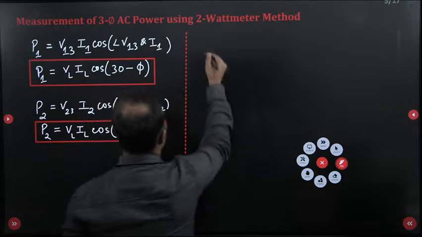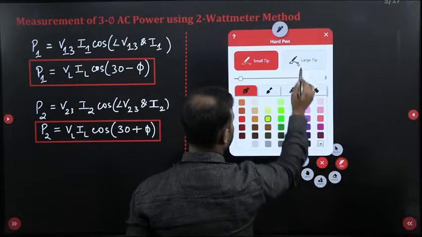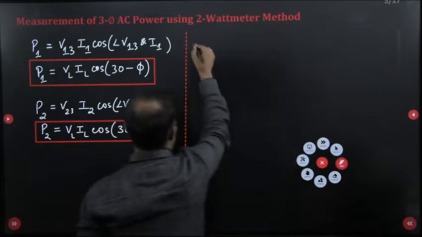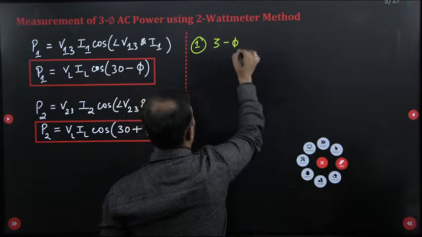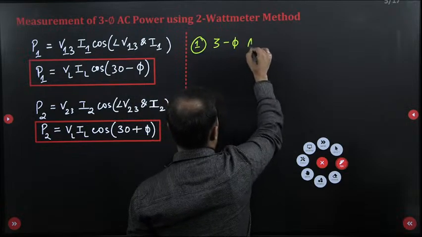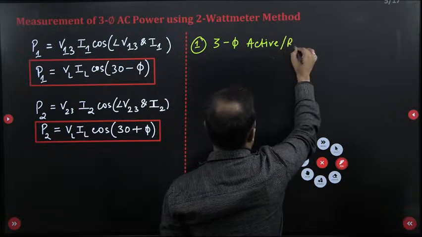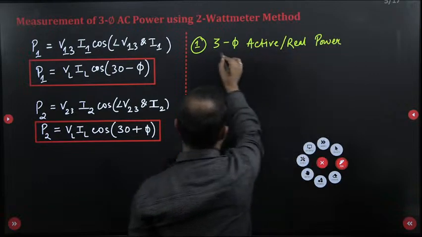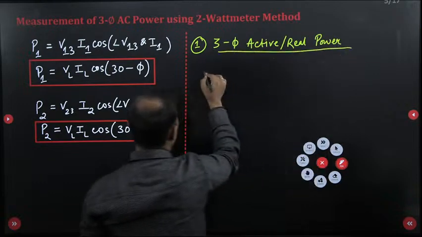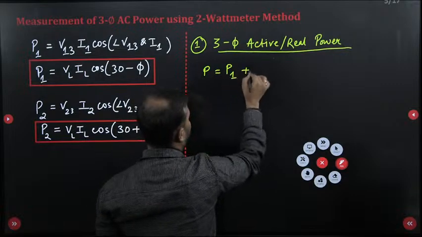See how? Let me change the color. Okay, so the first one, three phase active or real power. So this is equal to P, let me write, which is equal to P1 plus P2.